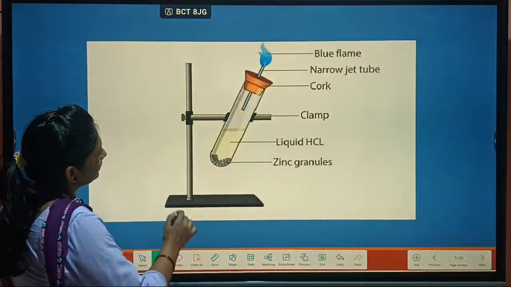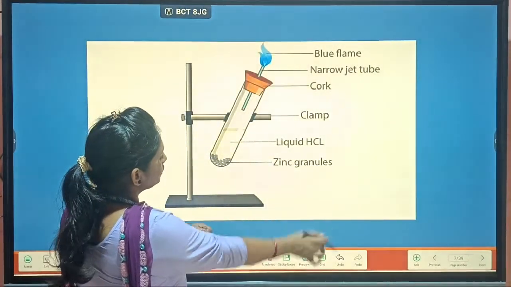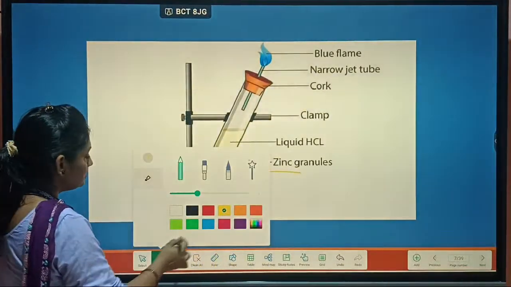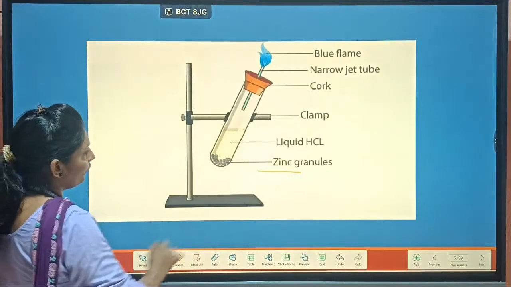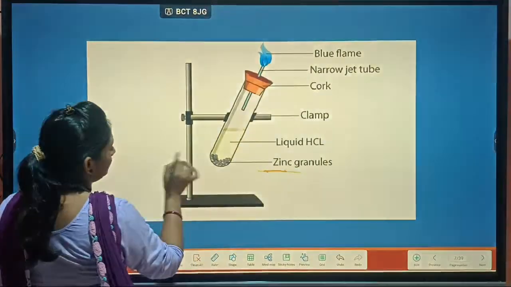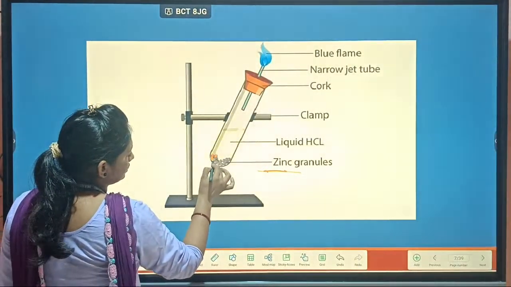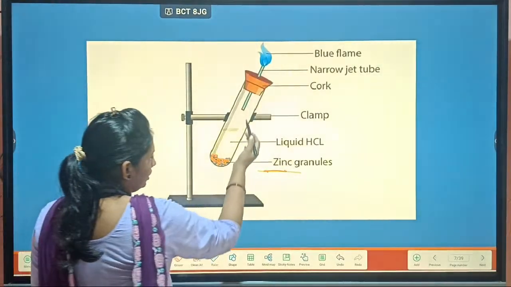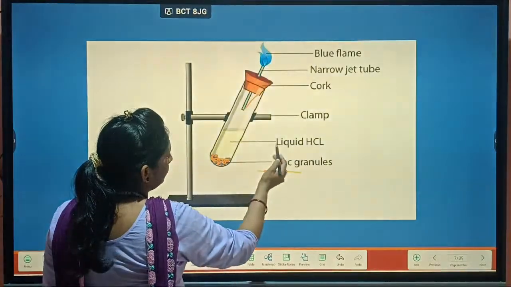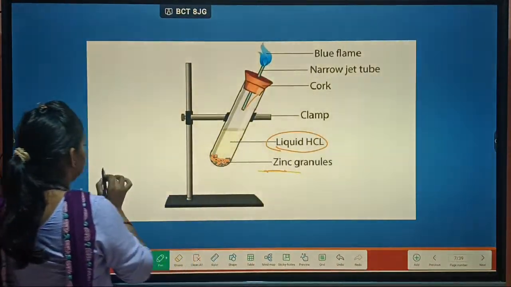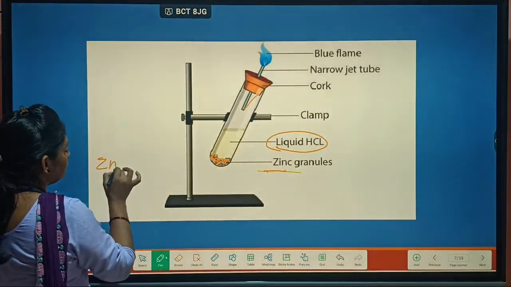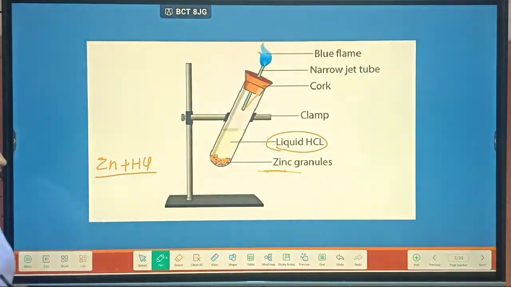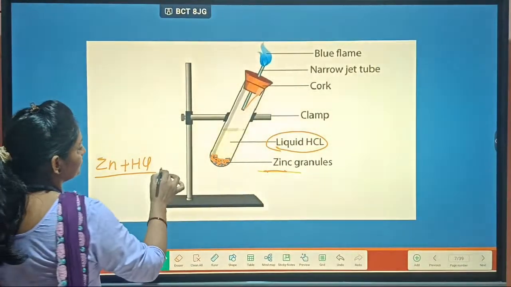Here you can see. Students, here we are having zinc metal. These are the zinc granules. Granules mean pieces. They are dipped in liquid HCl. Here we are having zinc metal plus liquid HCl. Clear? What will happen here?